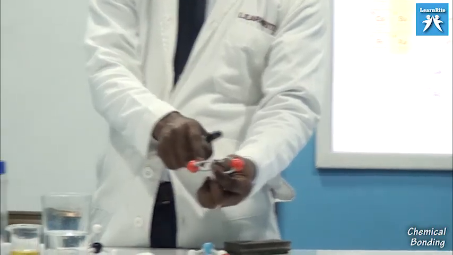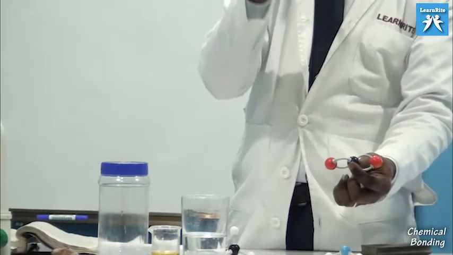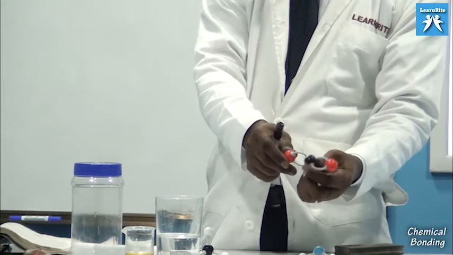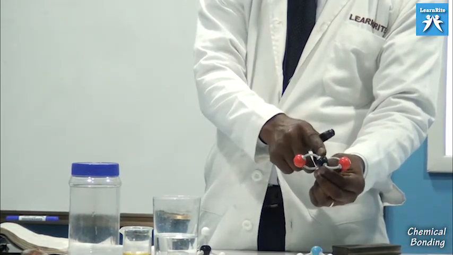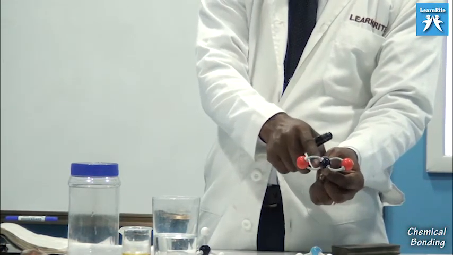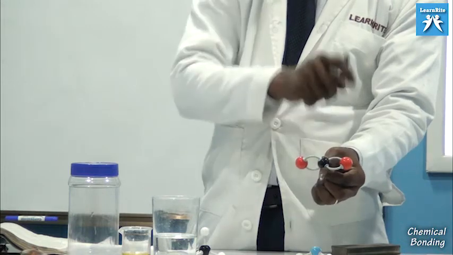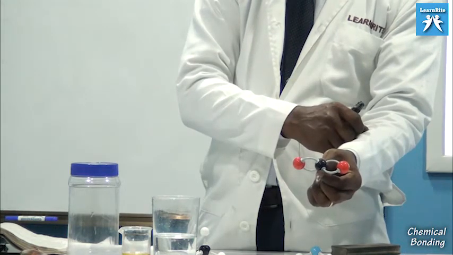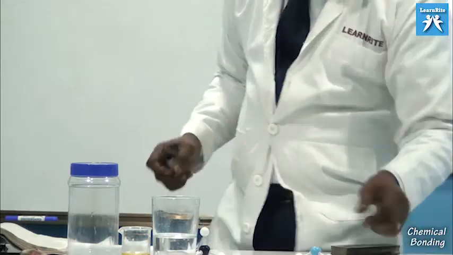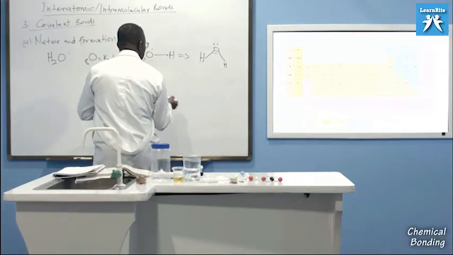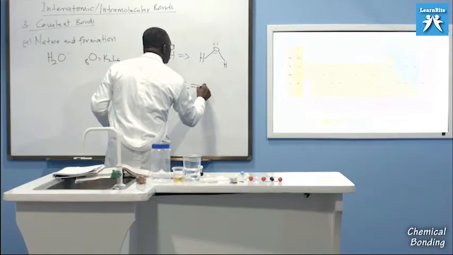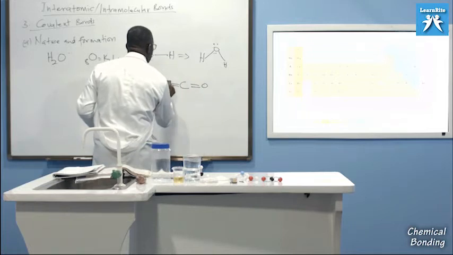This oxygen has completed its octet, and this carbon needs 4 bonds because it is in group 4. And so for the 4 bonds, we have 1, 2, 3, and 4. If I want to put it on the board, I'll just indicate it as this: carbon with oxygen with oxygen.